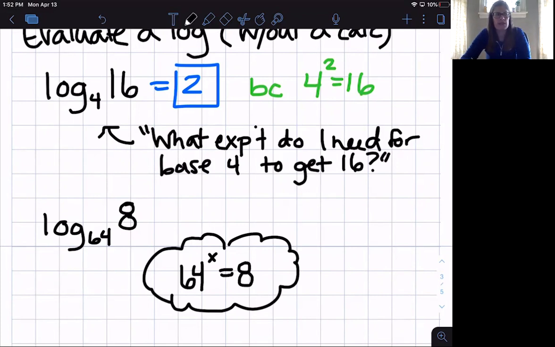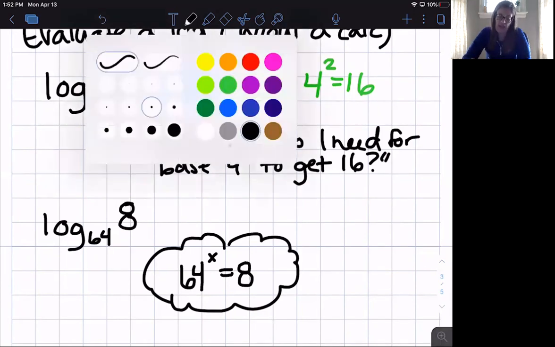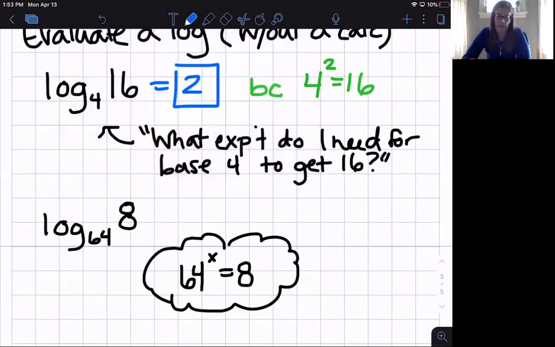Well, I'm going from 64, a big number, to a smaller number. So what kind of exponent would do that? It's not turning it into a fraction, so it's not a negative exponent, but it's probably a fraction exponent. You're going from a big number, 64, to a smaller number, 8. What root are you taking of 64?